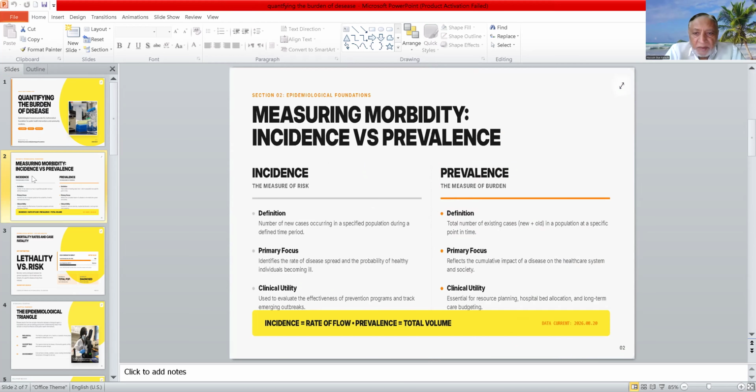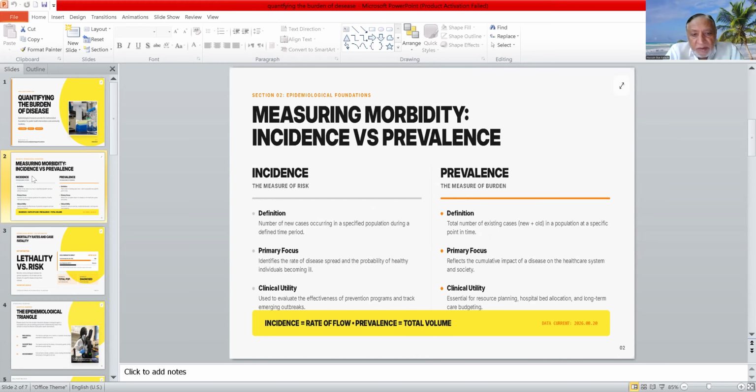Two words are very commonly asked in most of the examinations. Incidence, the new cases, is the measure of risk, and prevalence is the measure of burden. So the number of new cases and the number of existing cases, new and old, in a population at a specific point in time and defined by a time period.